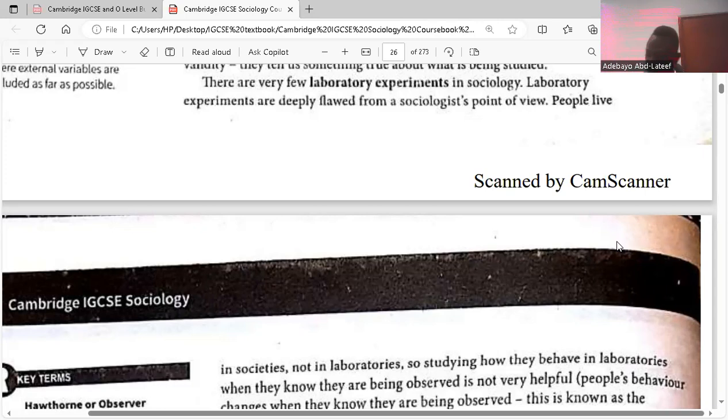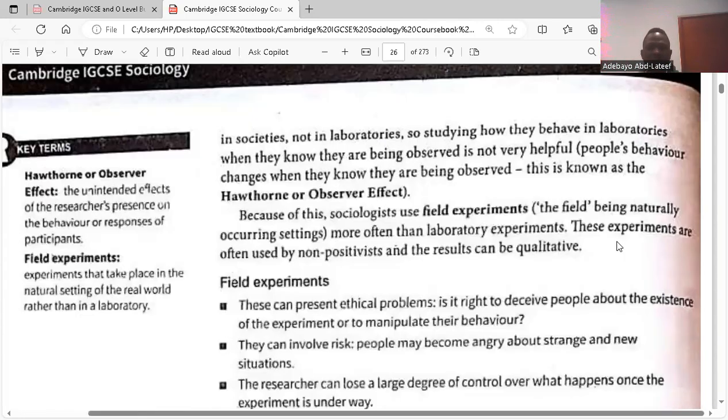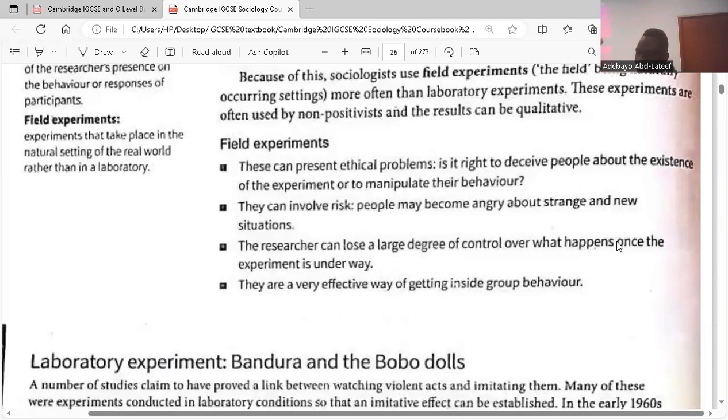The second one: people may become angry about strange and new situations in the field. Whatever is happening there, you might need a recorder, a camcorder, or whatever you need.